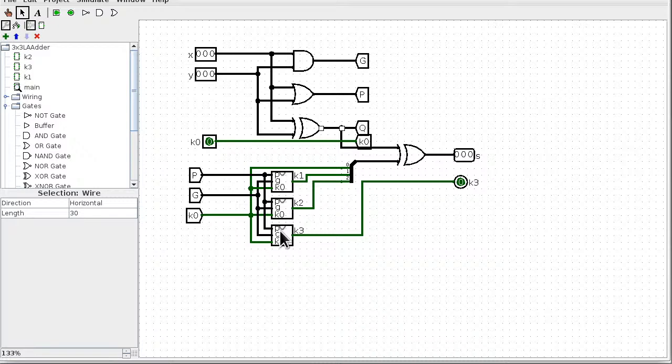So as I said, the tunnel is for self-documentation, because without the tunnels, if you connect this wire directly to the inputs of the K1, K2, and K3 subcircuits, then it's not as visual and not as documented what we are connecting. So the tunnels are really useful for documentation. But it's also useful when you have a slightly more complex design.